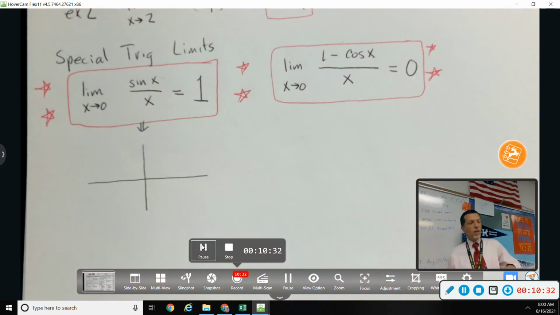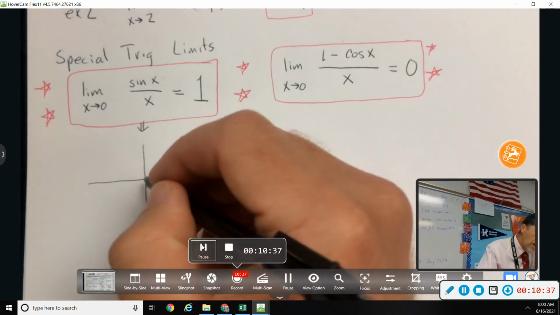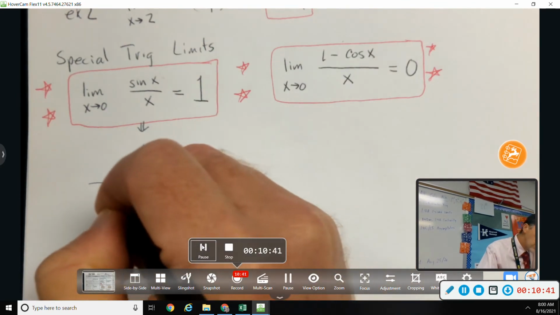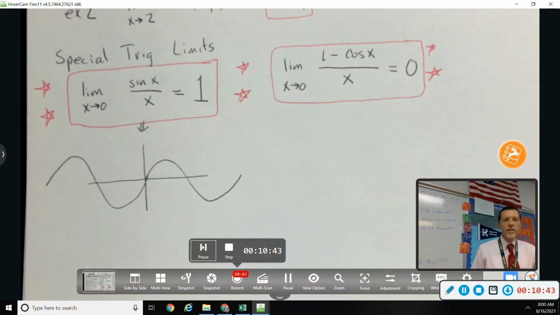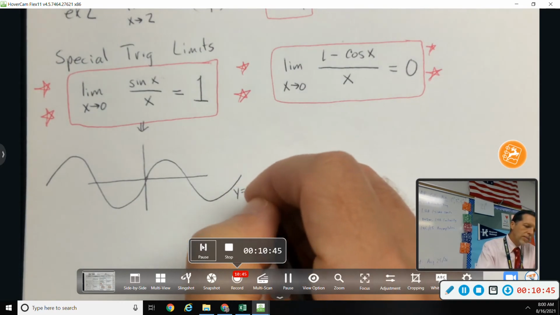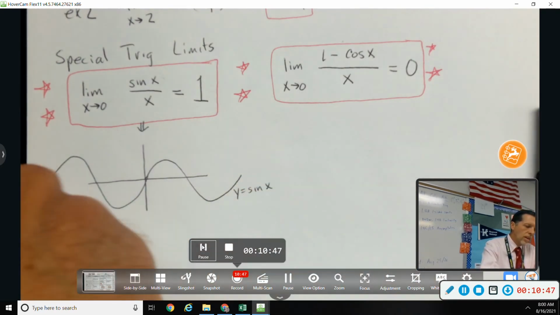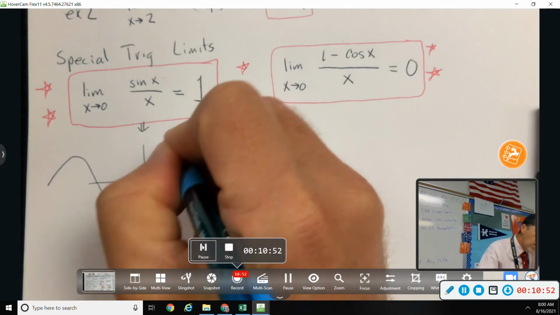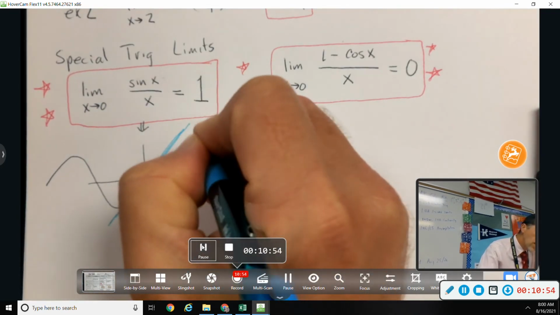What the graph of sine of x over x looks like, I don't know. But I do know what the separate graphs look like. Right, there's sine of x. And y equals x, that's just that line.